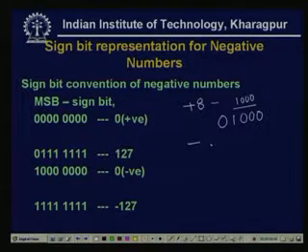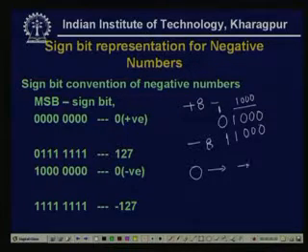If it is a minus 8, this MSB value I am taking as 1 and the remaining the same. So, the MSB is represented as a sign bit: 0 for plus, 1 for minus. So, normally this is the sign bit convention for negative numbers.